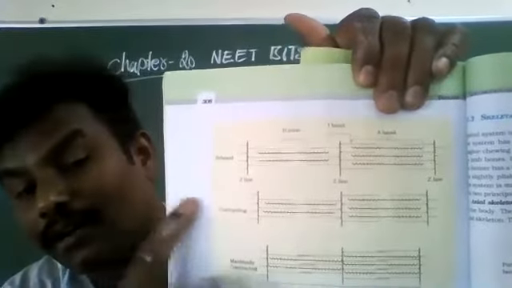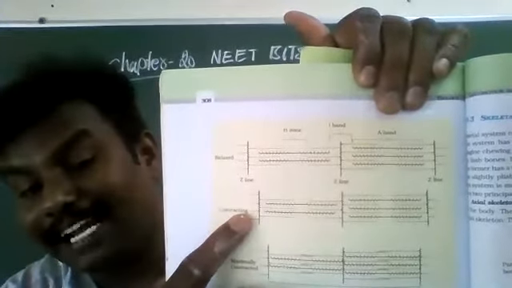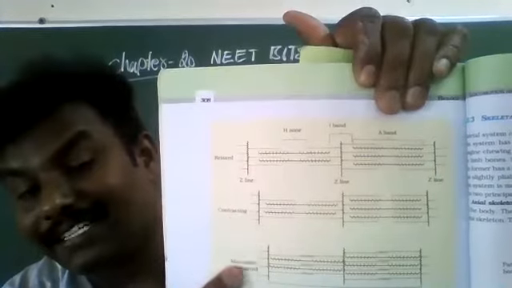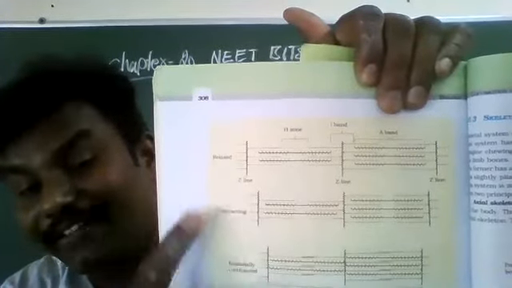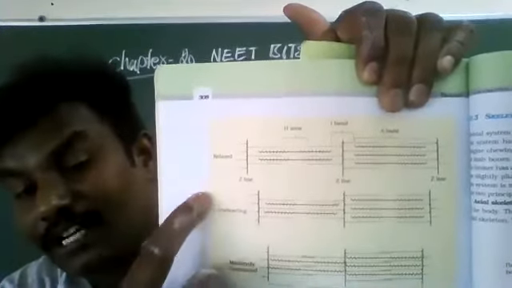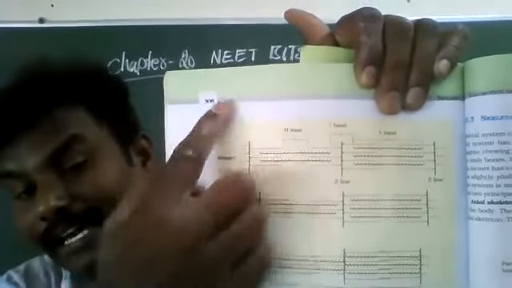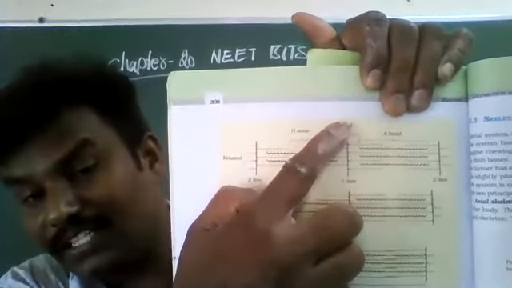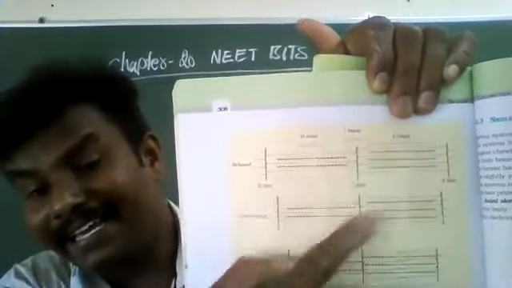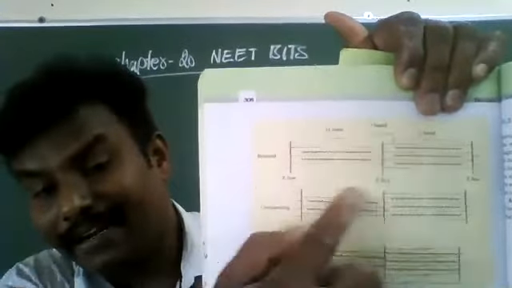Relaxed, contraction a little bit, length is decreased; maximal contraction, length is decreased. Okay, when contraction comes, the H zone and I band length is decreased, but the A band length is usually present.